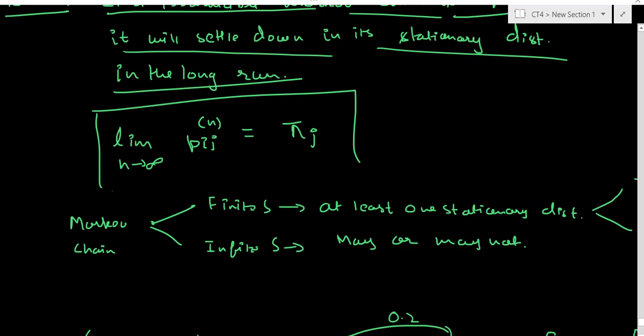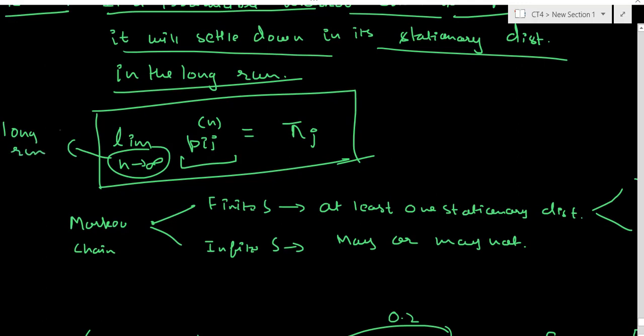Formally, this can be written in this way: limit n tends to infinity, P_ij^(n) is equal to pi_j. That is, in the long run, the transition matrix, all these probabilities of transition from state i to j in n steps when n tends to infinity. N tends to infinity means the long run, in a very large number of steps.